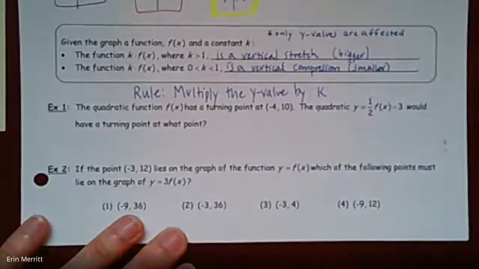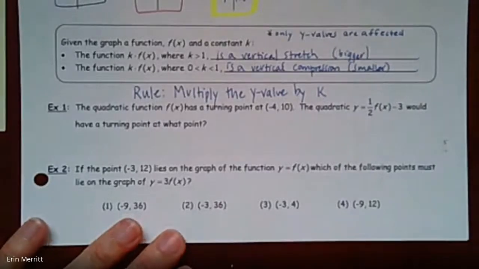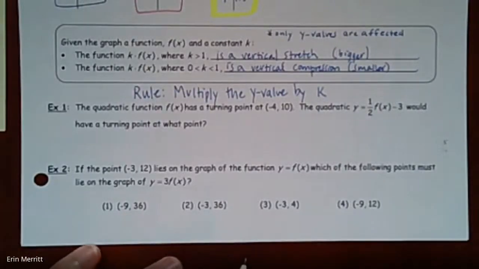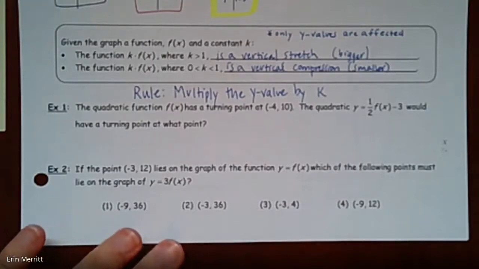Now down here, it says the quadratic function f of x has a turning point or a vertex point at (-4, 10). The quadratic y equals 1/2 of f of x minus 3 would have a turning point or a vertex point where? All right. Well, already we're throwing some stuff together here. So we have two different transformations happening. You have the 1/2 in front.